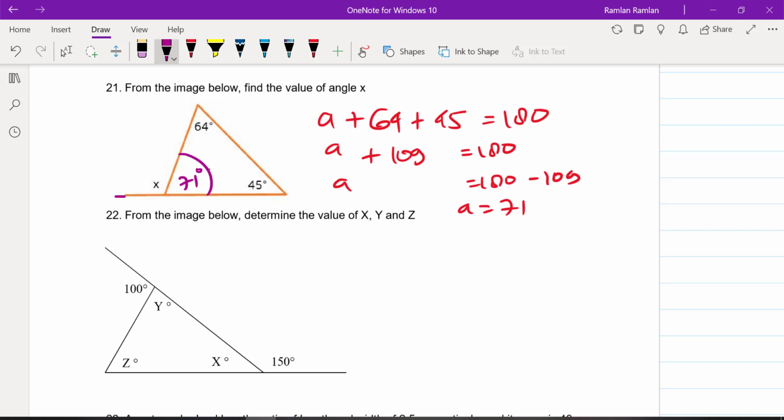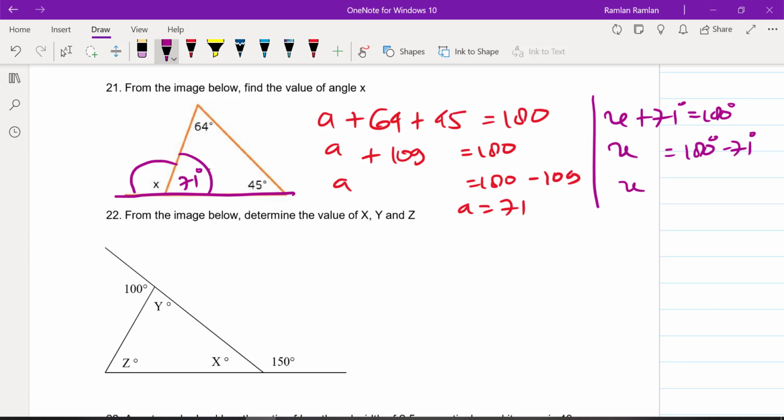We assume that this is a straight line, right? So I have another equation: x plus 71 equals 180 degrees. It means that x equals 180 minus 71, so that will be equal to 109 degrees. That will be the answer.